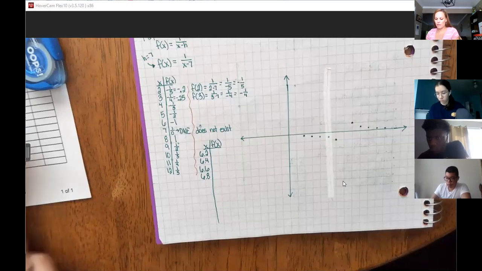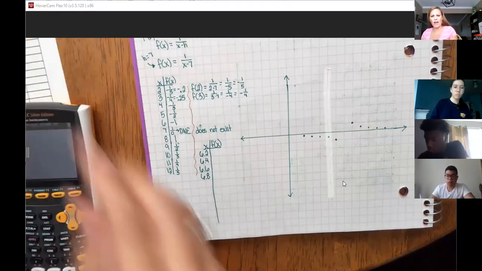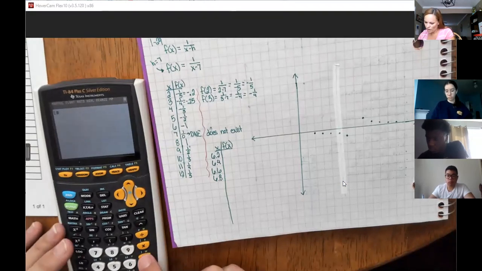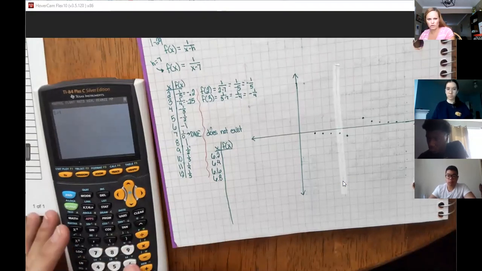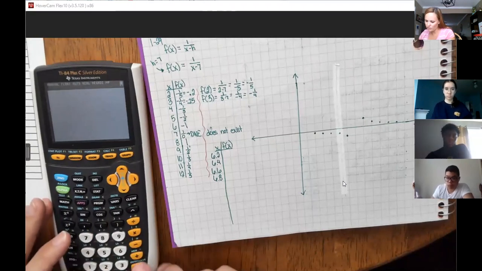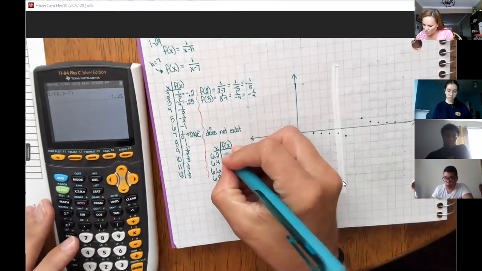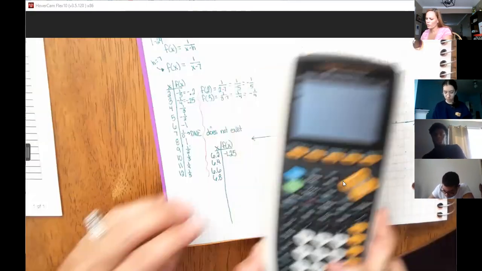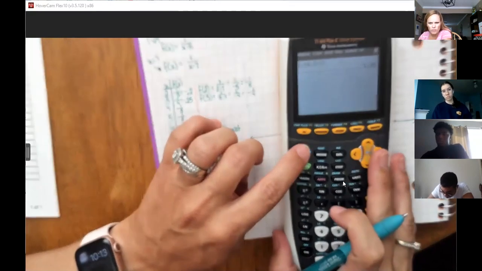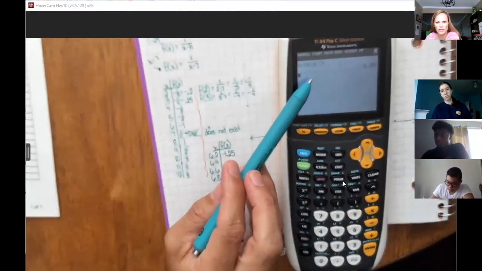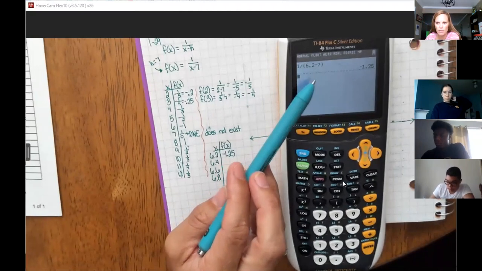Same thing. You probably need your calculator a little bit more for these ones. So 1 divided by, and then if I use my calculator, 6.2 minus 7, I get negative 1.25. I plugged my denominator in parentheses to use one step in my calculator.